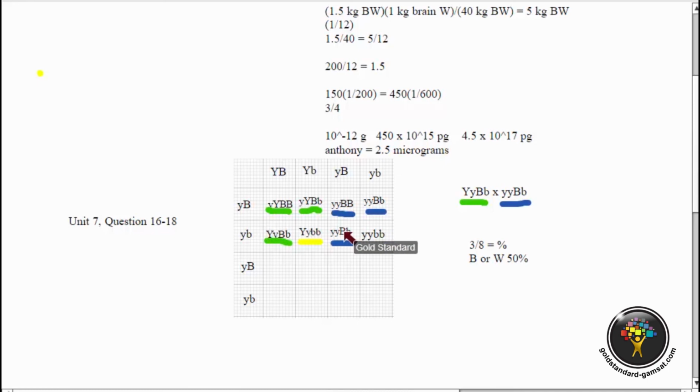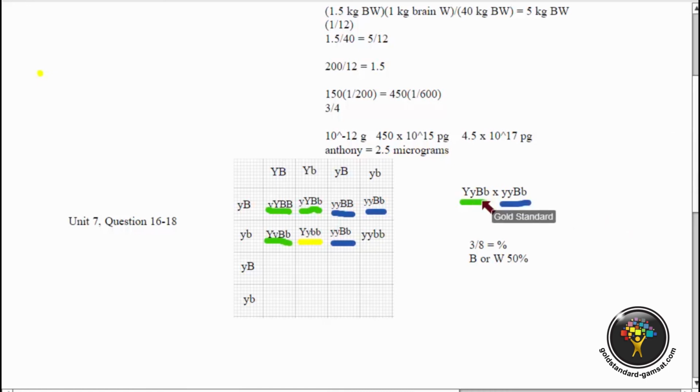The two offspring and the two parents could not all have different phenotypes. Phenotype is what they look like, whereas genotype is the genetic composition, which is the big Y, small y, big B. The phenotype is what does it look like? What color, for example, is it?